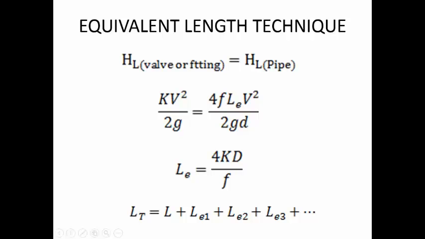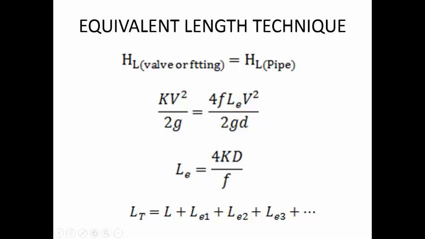Say my regular pipe is 100 meters long, and all these valves create a pressure drop equivalent to, say, 50 meters of pipe. Then the total piping length will be 100 plus 50, that is 150 meters.